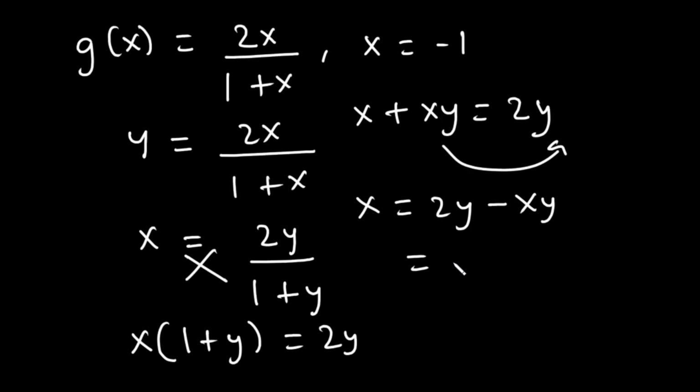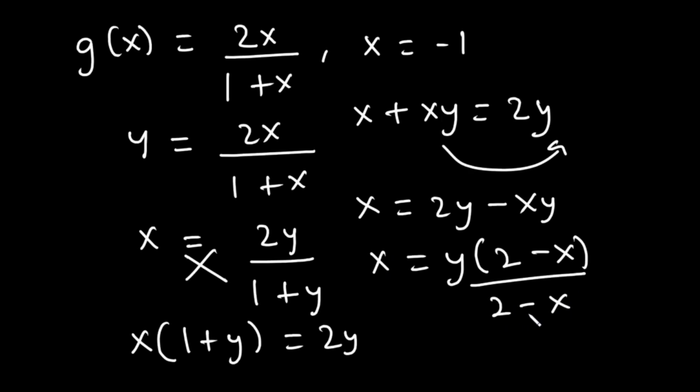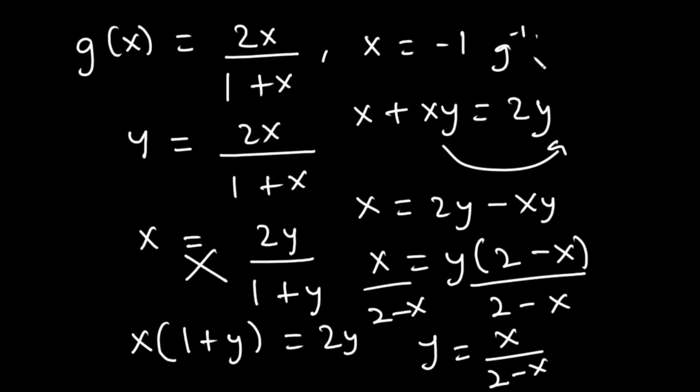And then we factor out y, and then we have 2 minus x. And then we divide both sides of the equation by 2 minus x. And then we have y is equal to x divided by 2 minus x. And y is also the inverse of g of x, which is equal to x divided by 2 minus x.